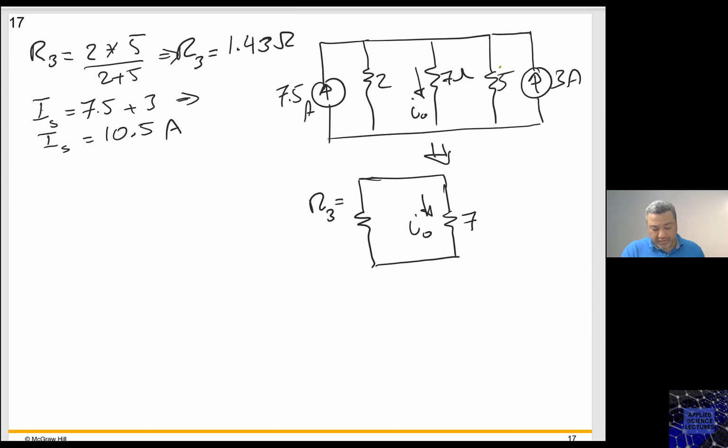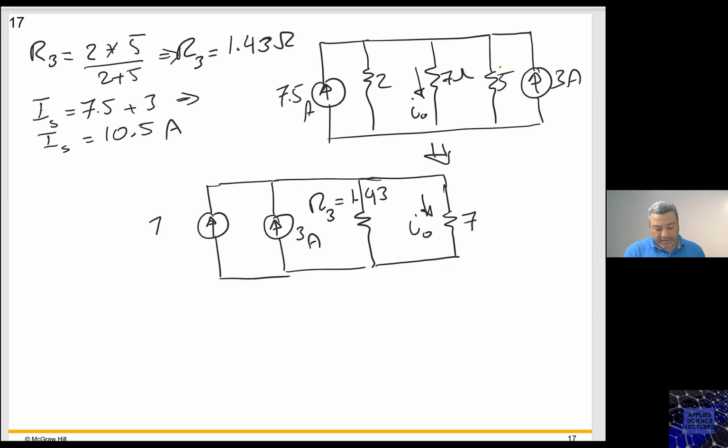R3, 1.43, and then I have 3 ampere, and I have 7.5 ampere, right?